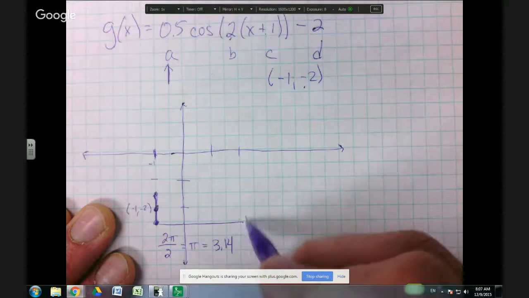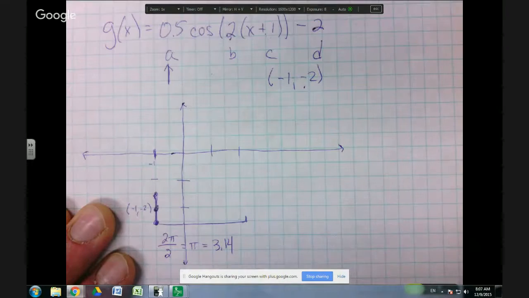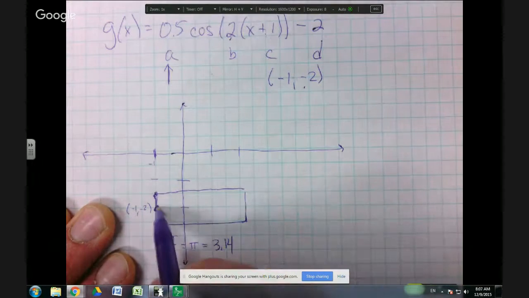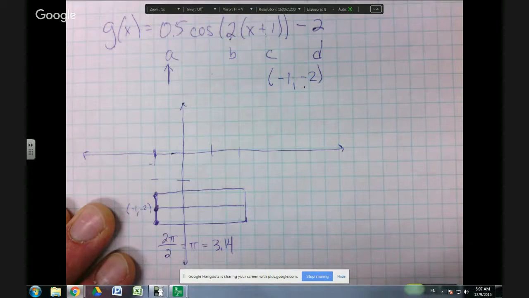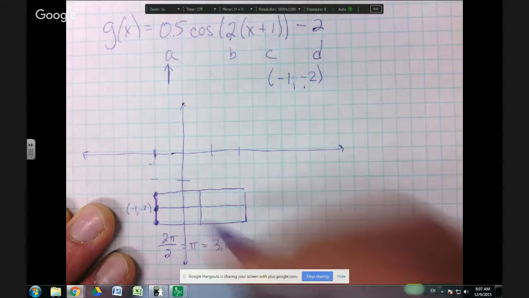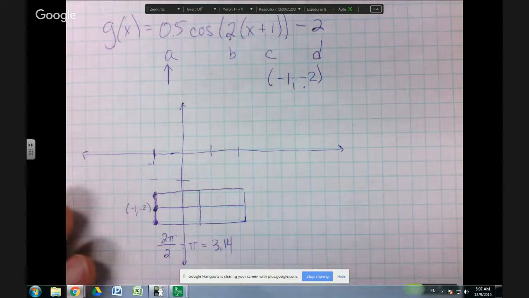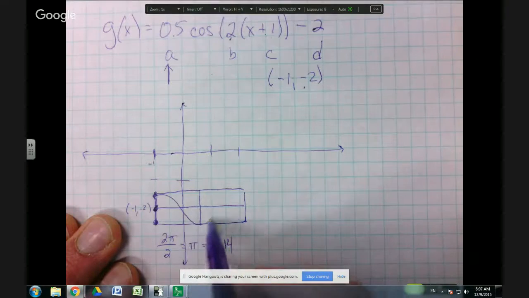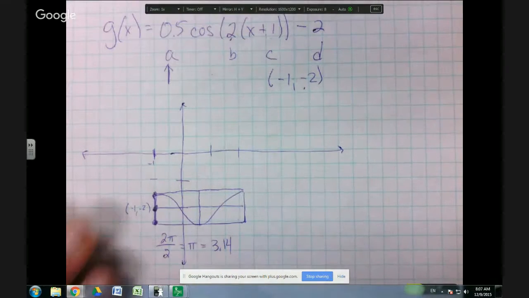So somewhere around here, right? And then you can finish drawing your window. And remember, it's a cosine function, so we're like that.